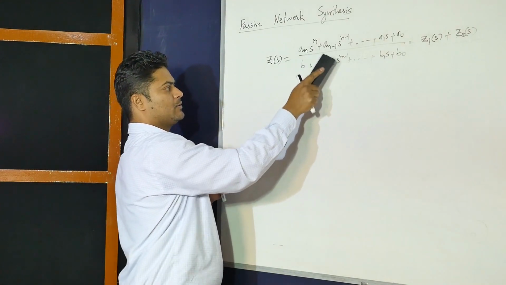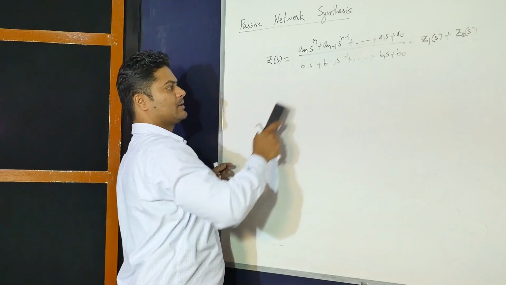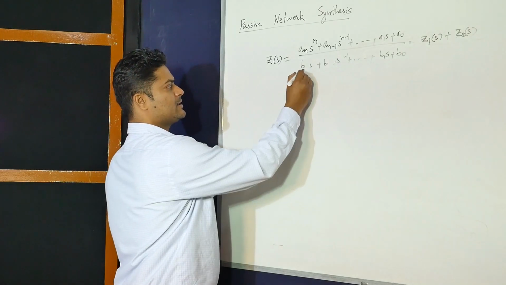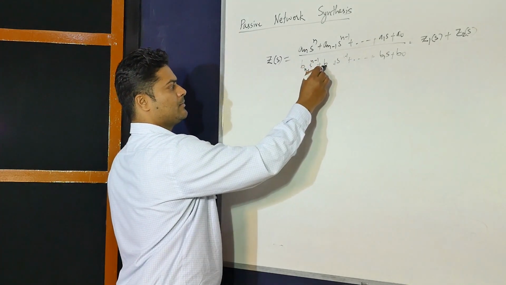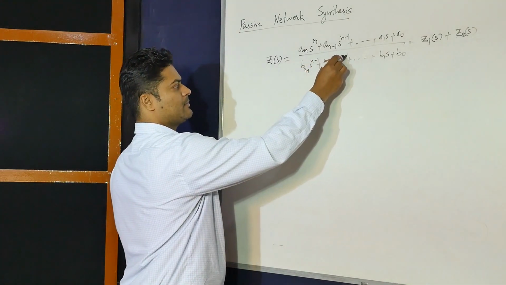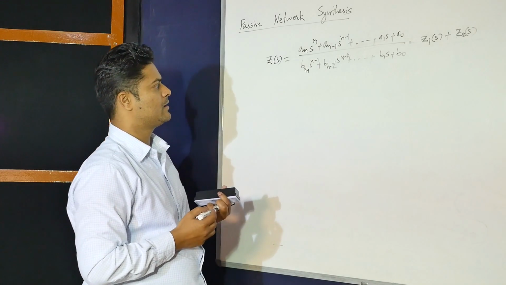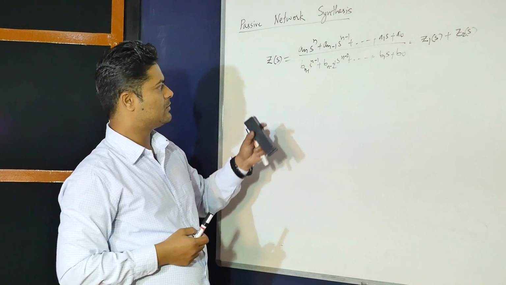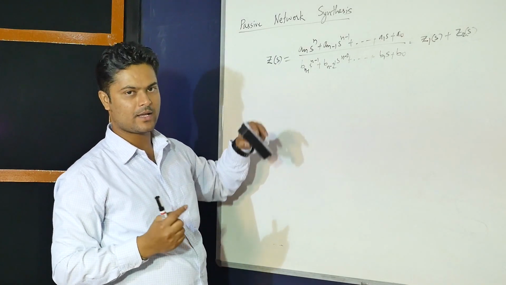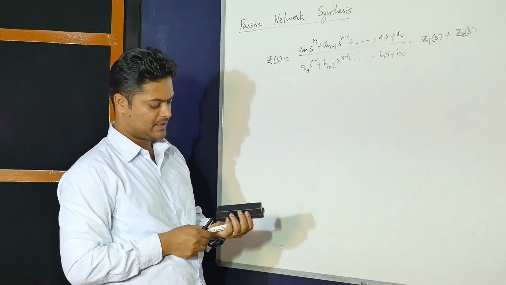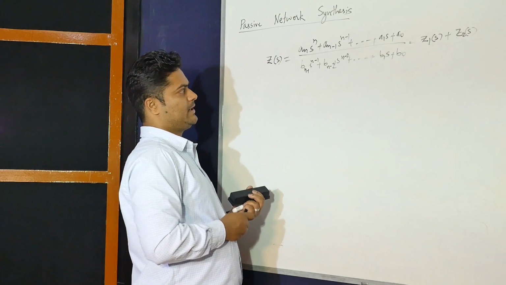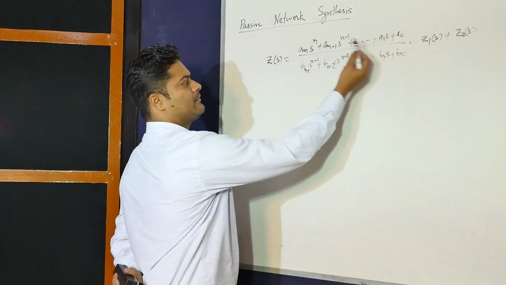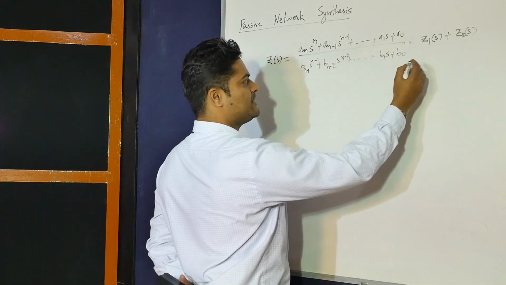This is bn minus 1 s to the power n minus 1, bn minus 2 s to the power n minus 2, and it goes on. So the numerator and denominator have a difference, n minus m, of 1. So we can find Z1 from this equation and the rest will be Z2.